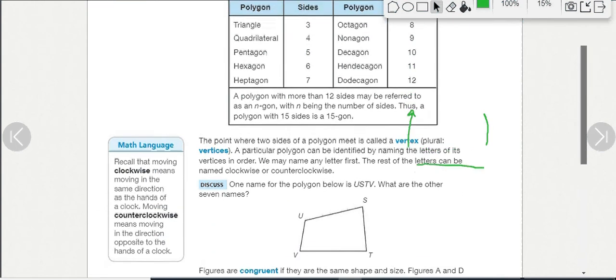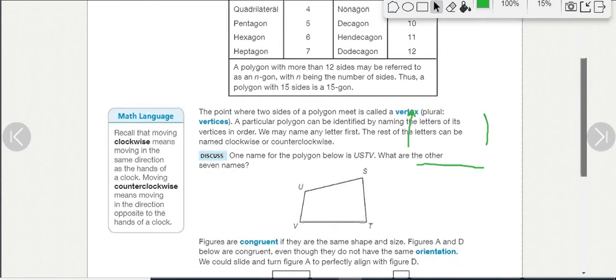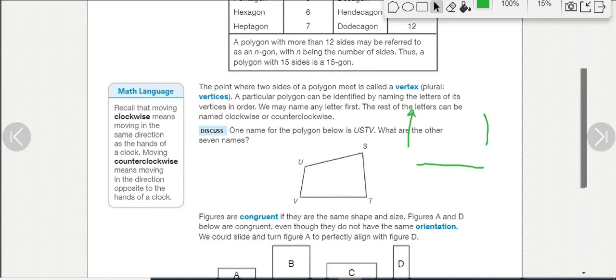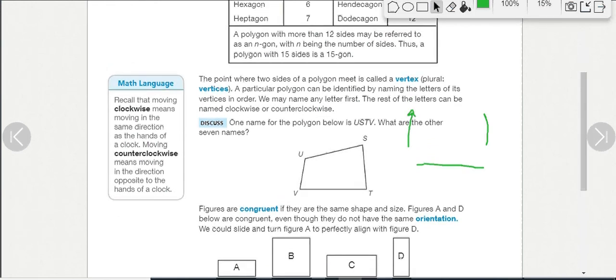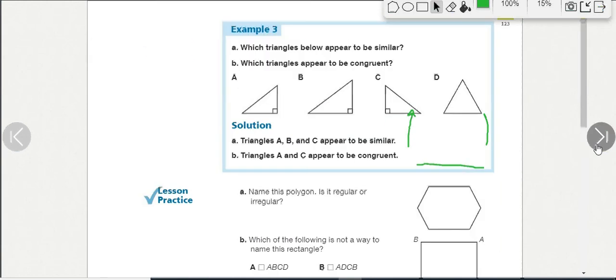We identify by naming the letters of its vertices in order. The rest of the letters can be named clockwise or counterclockwise. I guess you just keep going. So you can't get out of order is really all that matters.